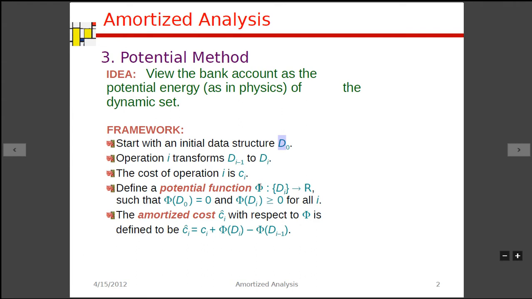The potential function phi maps D of i to the reals, such that phi of D0 is equal to 0. That means the initial potential is always 0, and phi of D of i is greater than or equal to 0 for all i. That means every next transaction should have something more than the previous transaction.